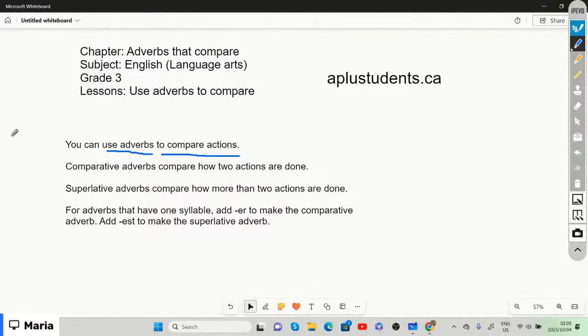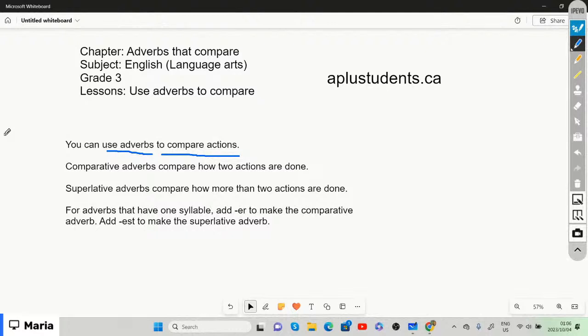And when we make a comparison, you can make a comparison between two actions, or between two or more actions that are taking place, so more than two actions.